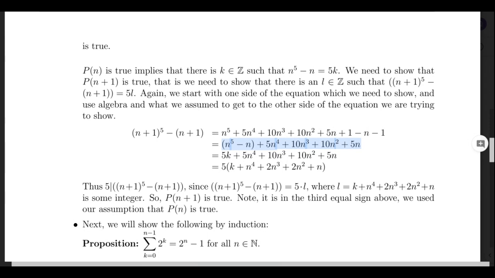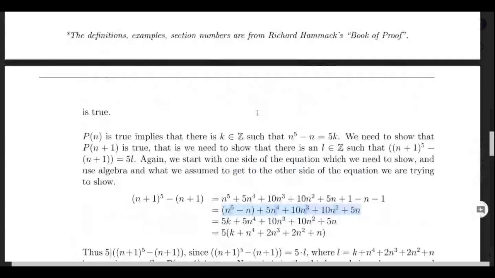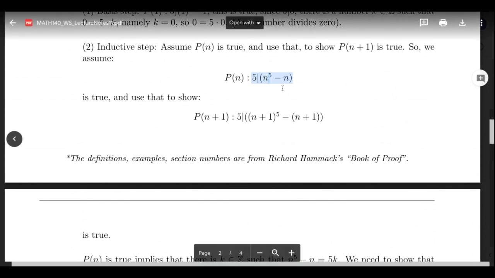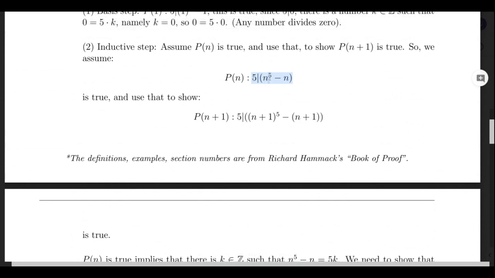So now, remember n raised by 5 minus n, we assumed 5 divides n raised by 5 minus n, which means 5 is a factor of this, which means n raised by 5 minus n can be written as 5 times another integer.